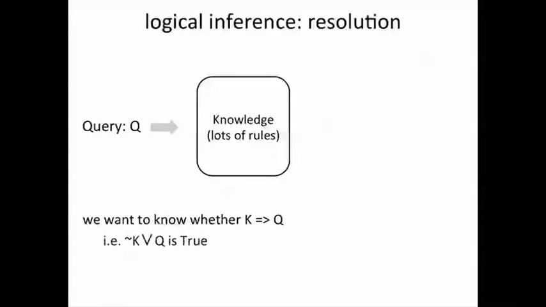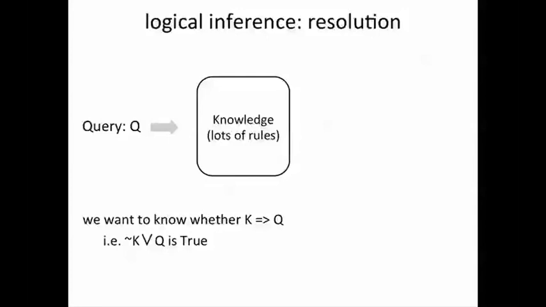Now, remember again that a statement like K implies Q is exactly the same thing as saying that not K or Q is true. We went through this in a little bit of detail a while back.